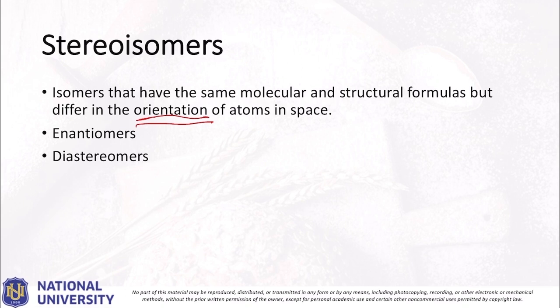So dito sa stereoisomers, same molecular formula and structural formula, but dito lang sila nagkaiba sa orientation, meaning sa directionality. No, merong directionality. Merong left, merong right, merong up, merong down. And under stereoisomers, we have enantiomers and we have diastereomers.